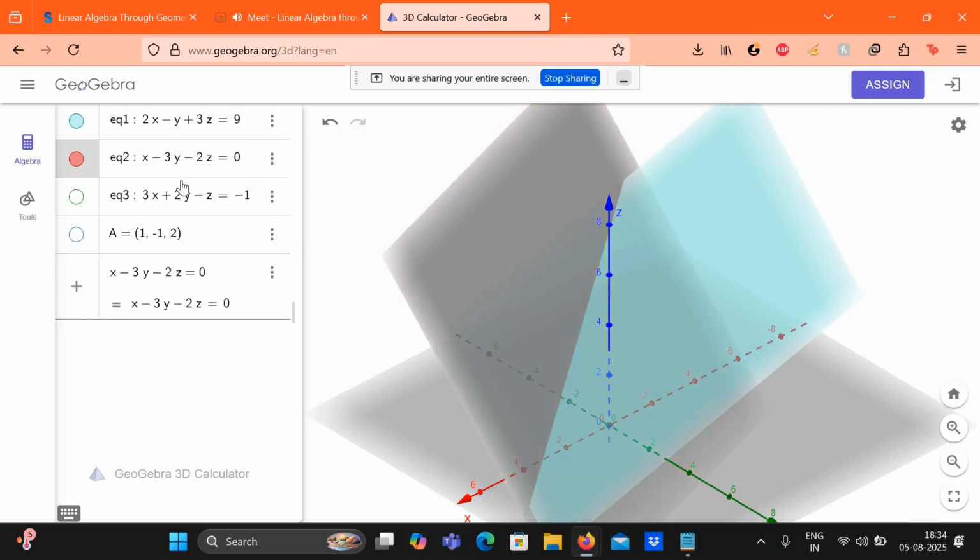Exactly. So let's say there is another line. What equation is this?